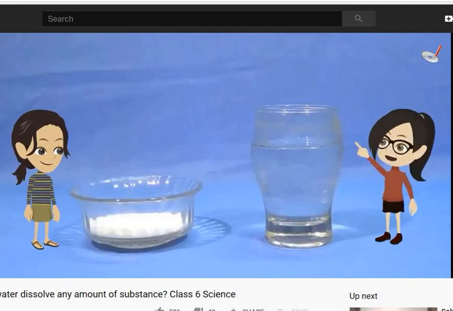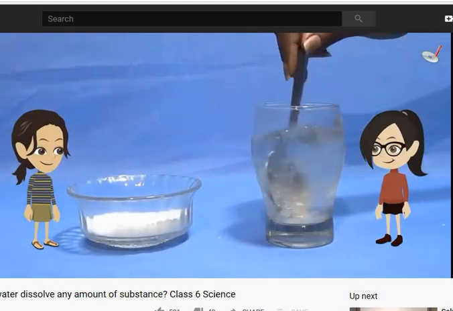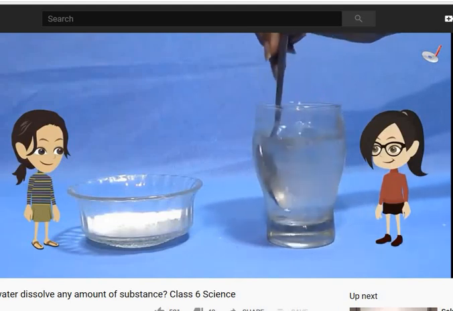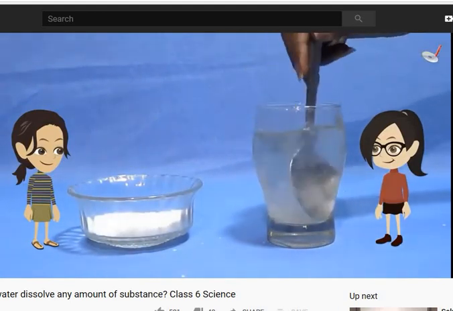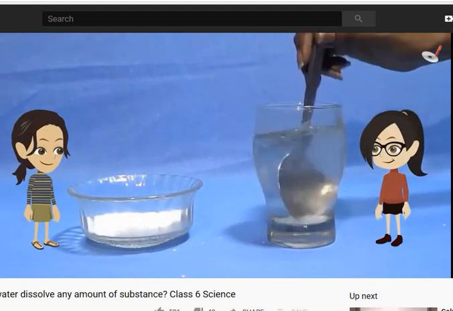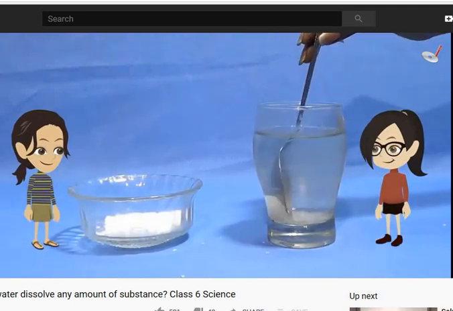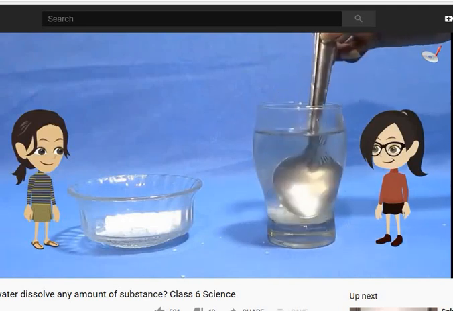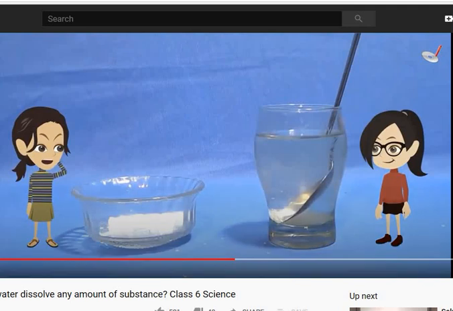Miss, keep adding more sugar in the glass. Oh no! The sugar is not dissolving in the water anymore.